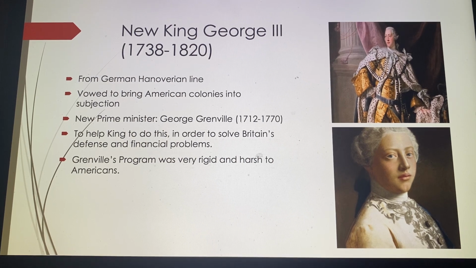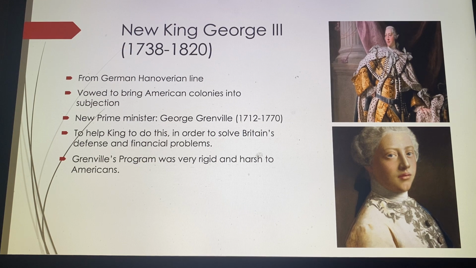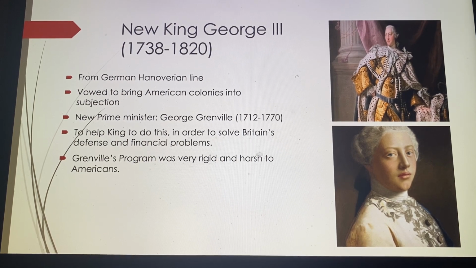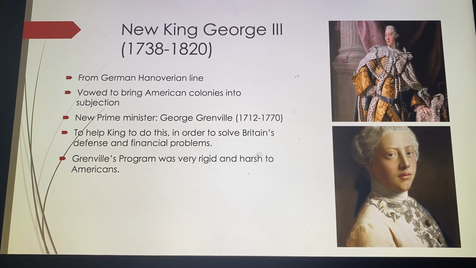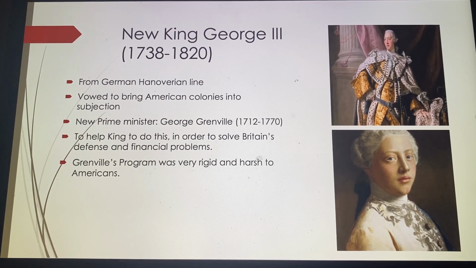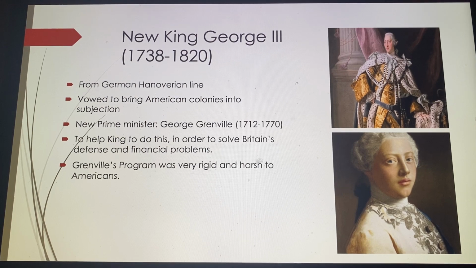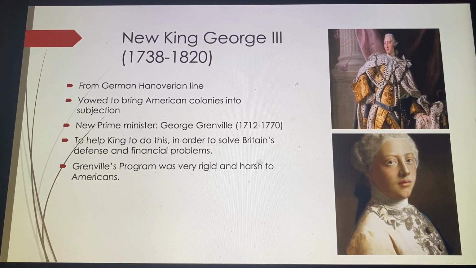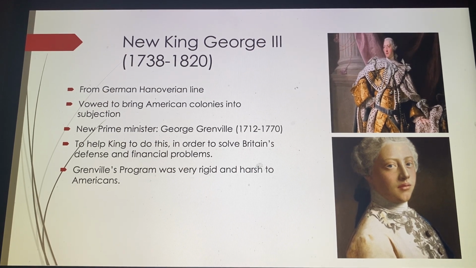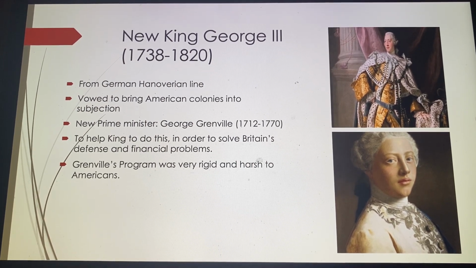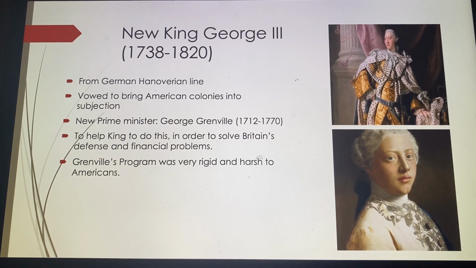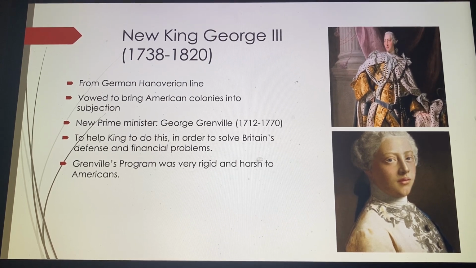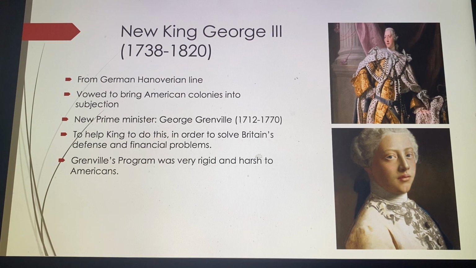So he would help the king bring the American colonies into subjection, and in order to solve Britain's defense and financial problems, he would have a very rigid and harsh program of taxing. Basically, George Grenville would tax Americans more and more and be very rigid to make sure that they paid their taxes.